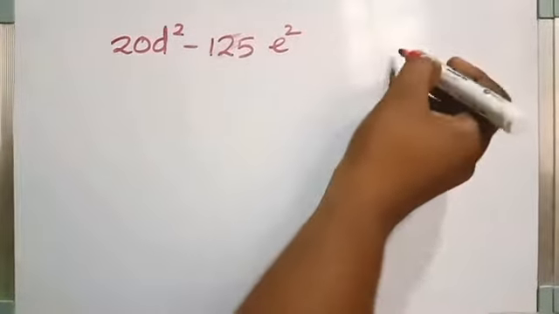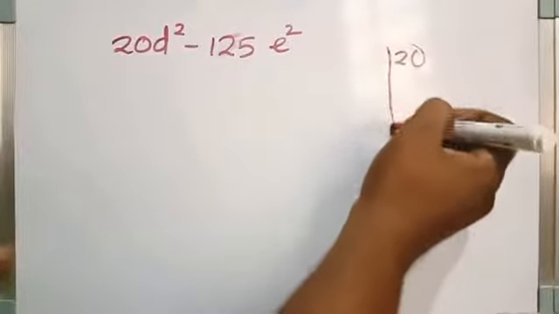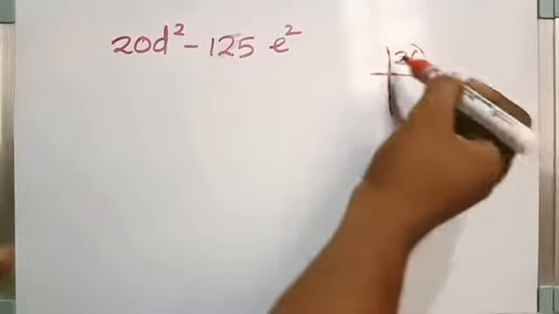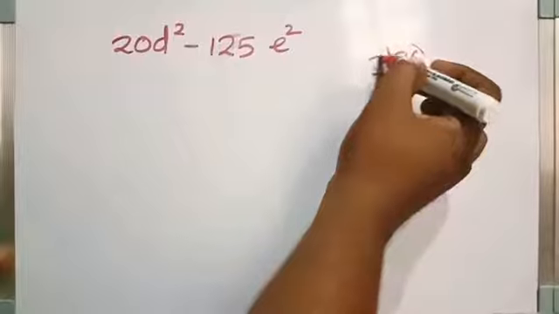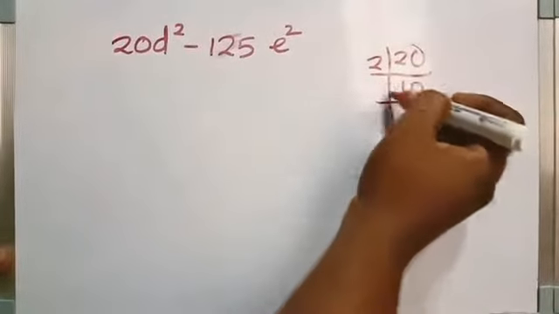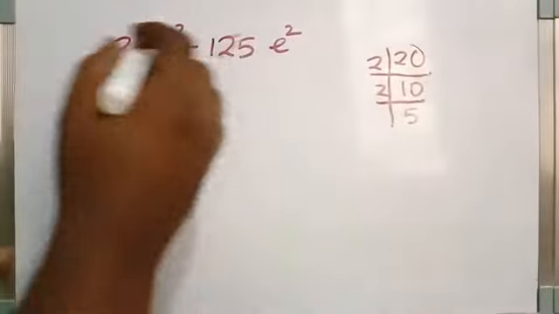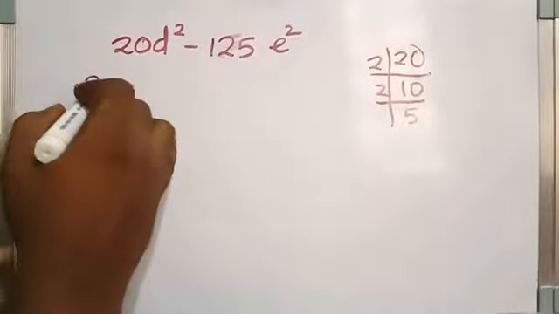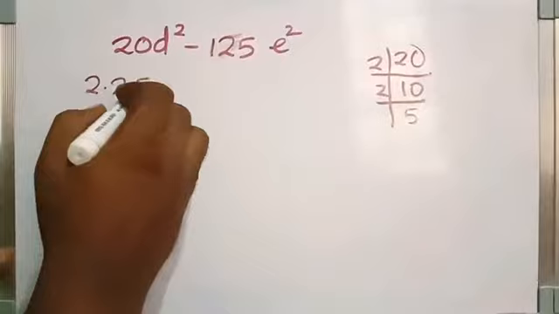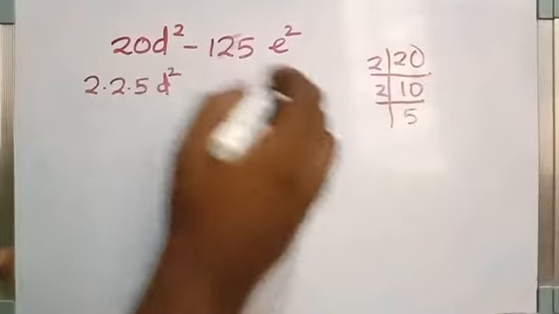Let's do the prime factorization of 20. When you do that, 2 tens, 2 5s. So we can write 20 as 2 times 5 d squared.